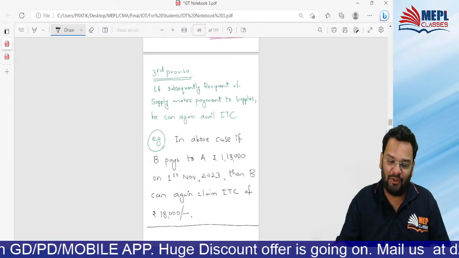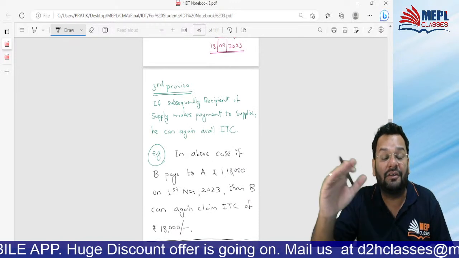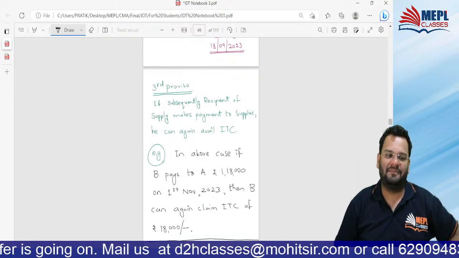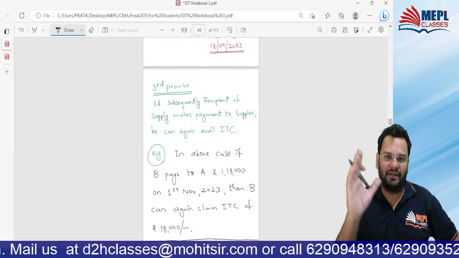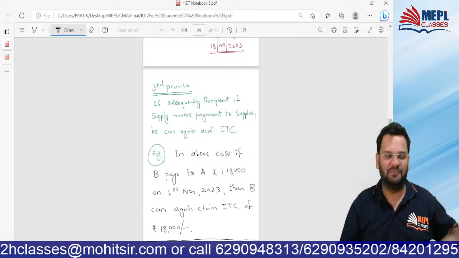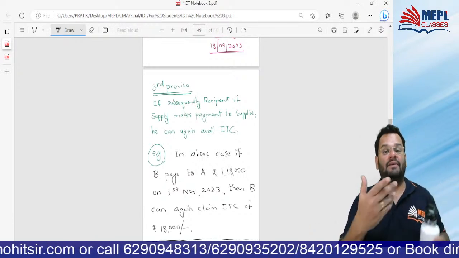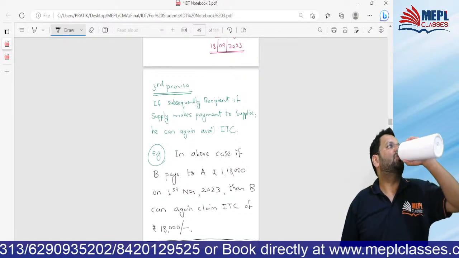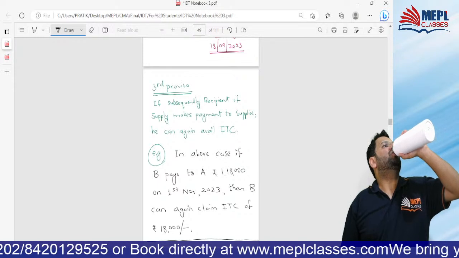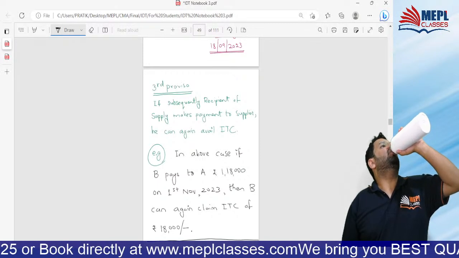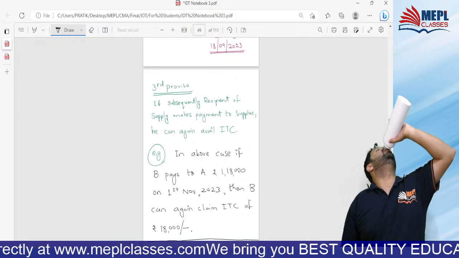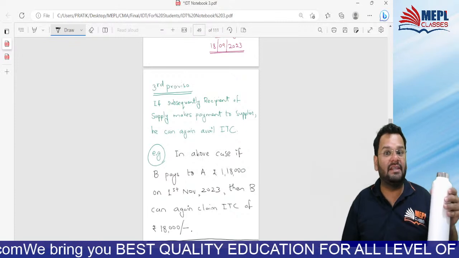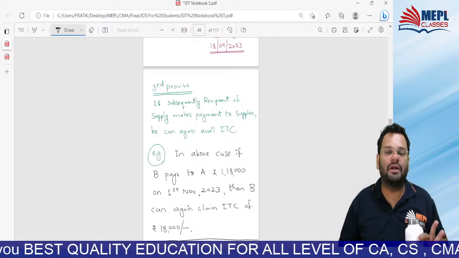Honestly tell me in the chat window whether you understood the third proviso, because the third proviso is totally linked with the second. Whatever it is, let me know. If you have any doubt, I'll be more than happy to solve it, because clarity at this point is very important.